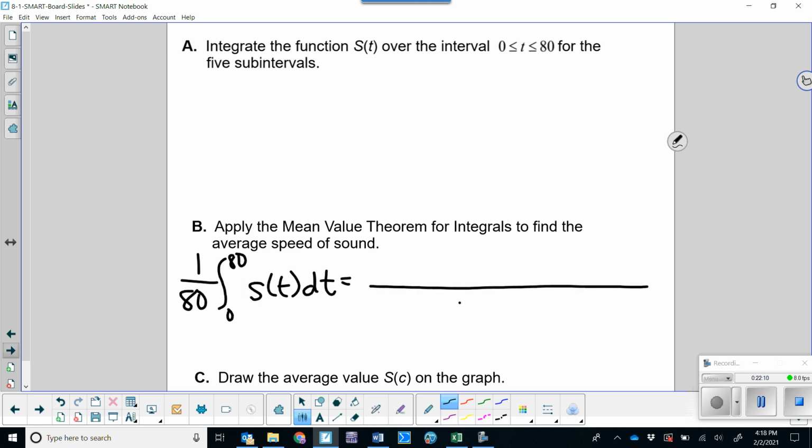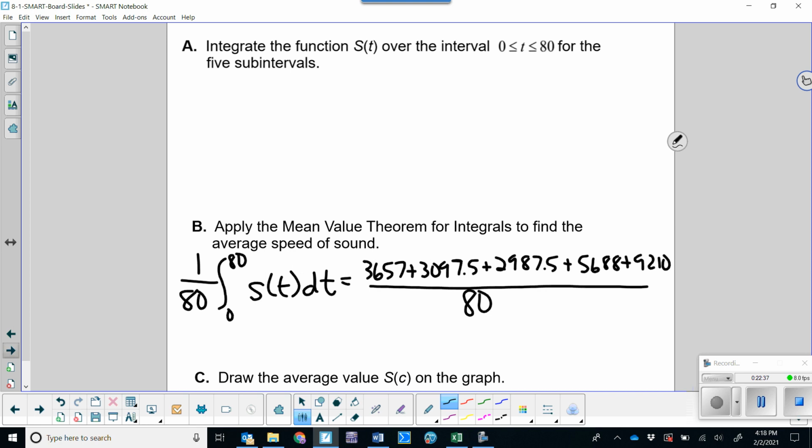So in my case, I'm just going to use all those numbers I wrote down for each of those intervals. I have each of those values for all 5 of them. I would add all of those answers up, get the entire answer for the integral of s of t, then I would divide by 80. So that's kind of important if you're doing the average of something that has different parts.